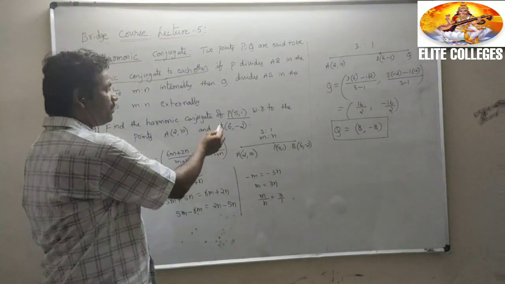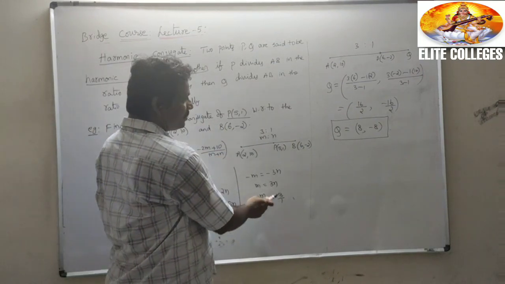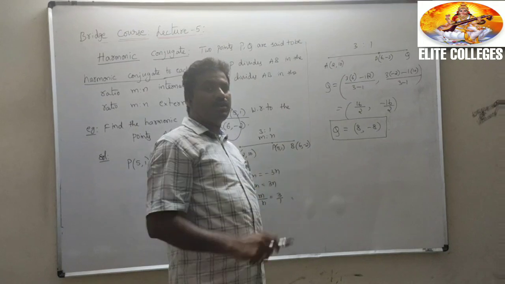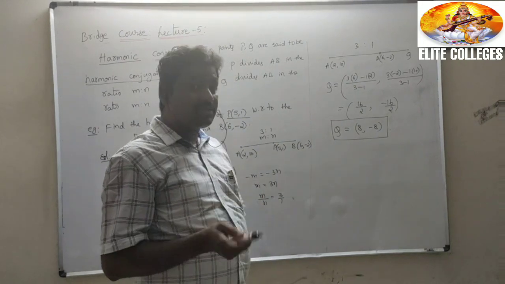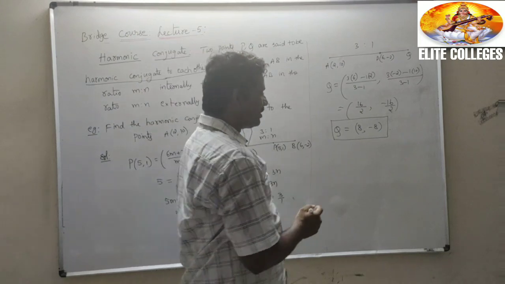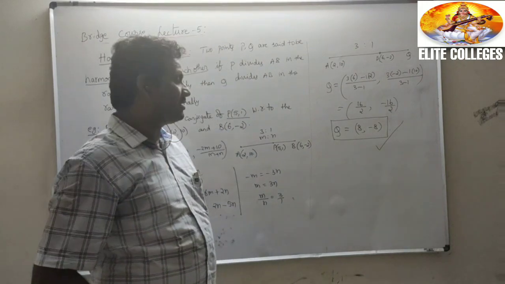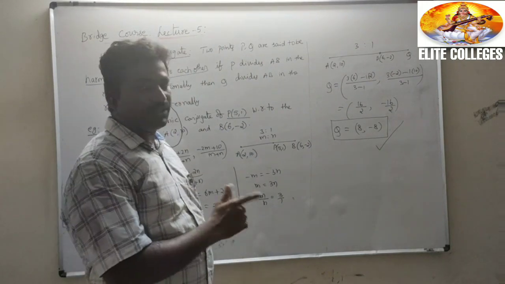Here we are given the point P divides AB in the ratio m is to n. What is the ratio we got? 3:1. So the point Q divides AB in the same ratio 3:1 externally. So we got the point (8, minus 8). That is the answer. So that is the harmonic conjugate of P.